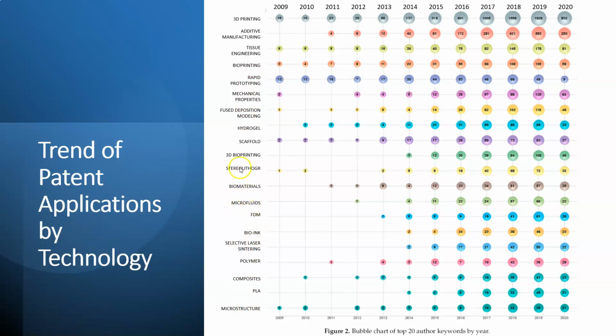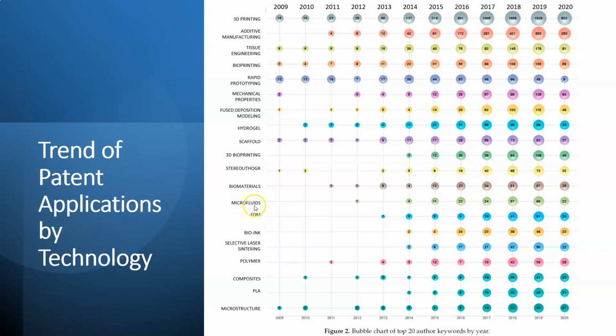You'll notice that there's a lot of biomaterial and bioprinting, right? So we have tissue engineering, bioprinting, hydrogel, which is a technology used in bioprinting. Scaffolding, again, which is a technology used in bioprinting. We have 3D bioprinting, biomaterials.